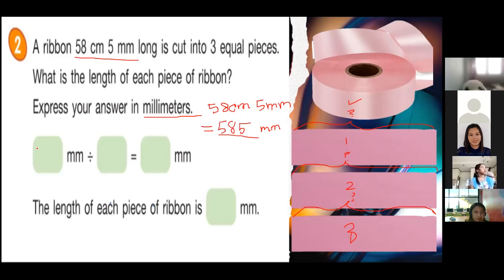So we will write here 585 millimeter divided by, so what will we divide by? We will divide by 3. Very good, divide by 3. So 585 millimeter divided by 3. So what is the answer?